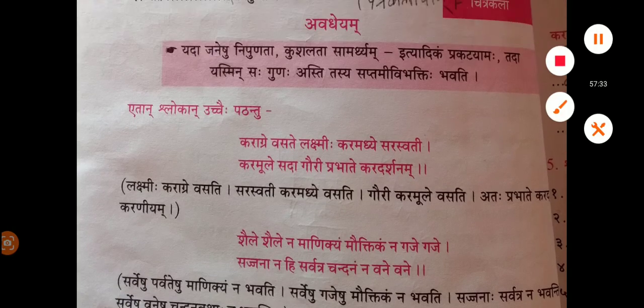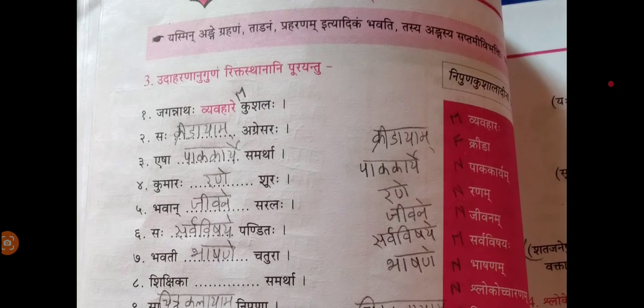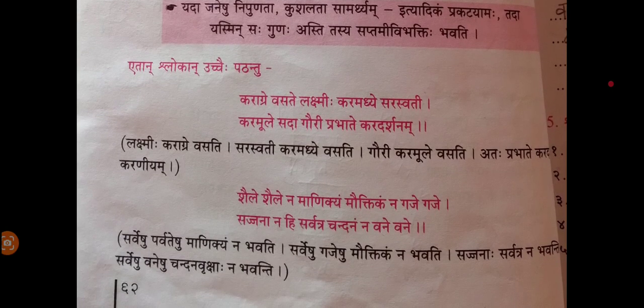Here, as I told you earlier, there are Subhashitas, these good sayings. As I told you earlier, all Subhashitas, that means all good sayings, I'll cover in a single class. So as of now, I am not including this one.